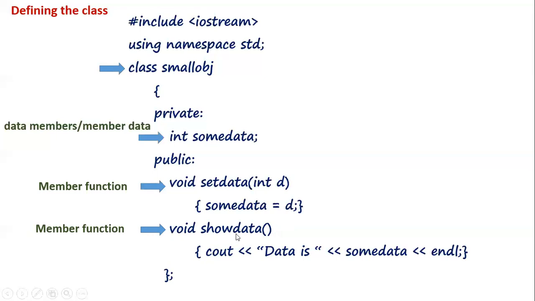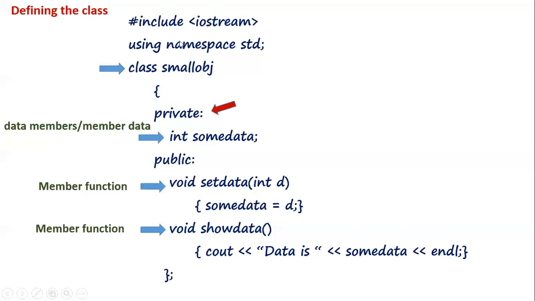These two are called the member functions in the program. Then the brace that was opened is closed here, and we put a semicolon. Keep in mind that whenever you define a class, after closing the braces you have to put a semicolon, like in structures.